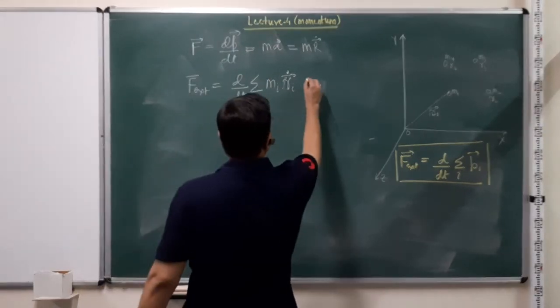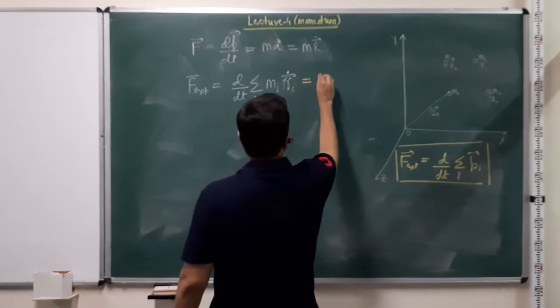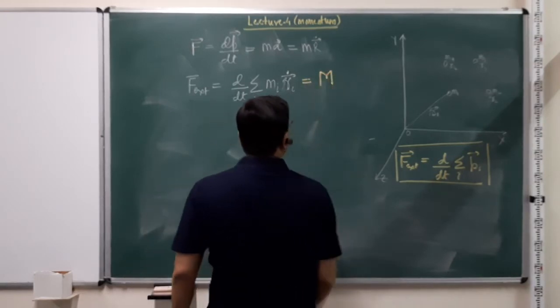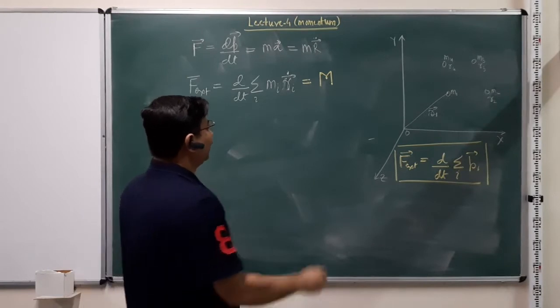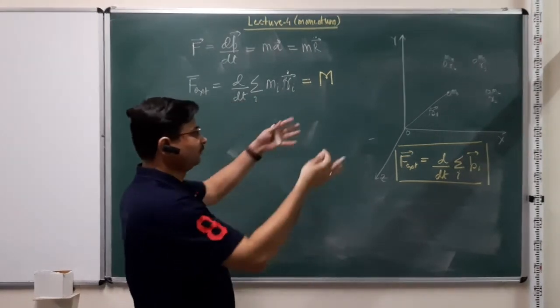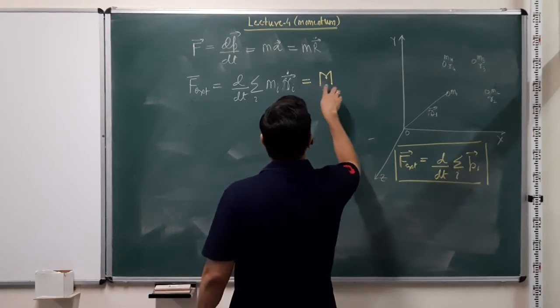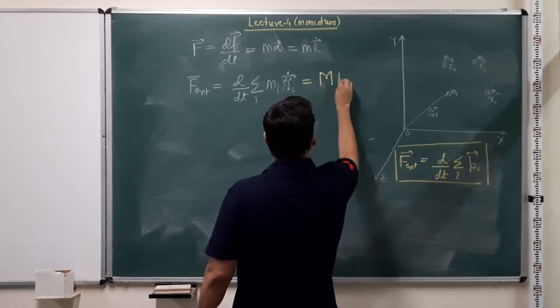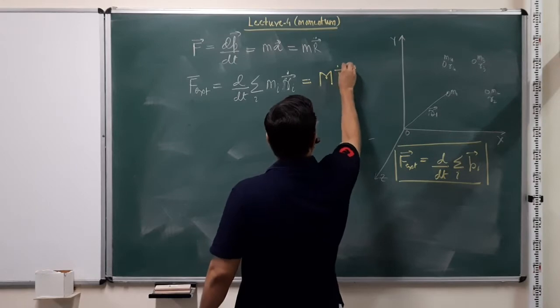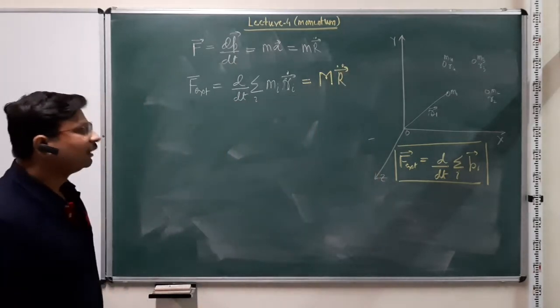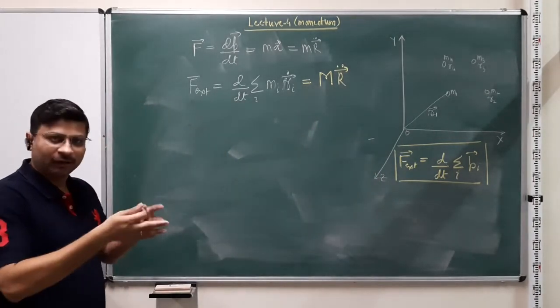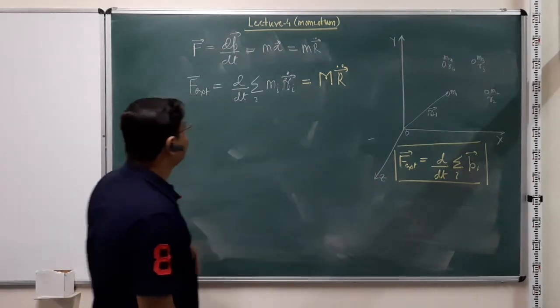We are saying this is equal to some mass. Because we don't know the mass of the entire system or how to treat it, some mass M and an acceleration vector R double dot related to some position coordinate, capital R. So we want to write it out like this.